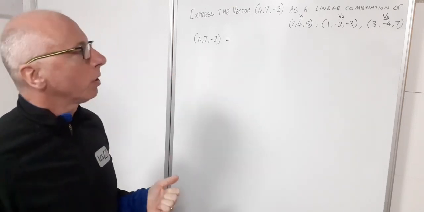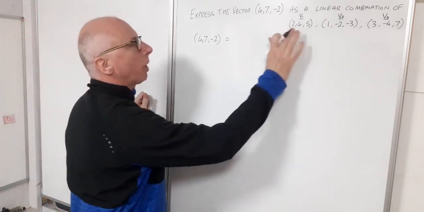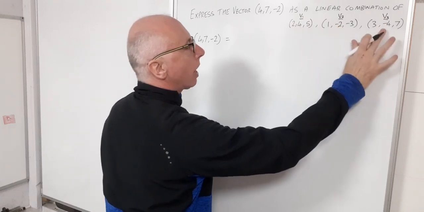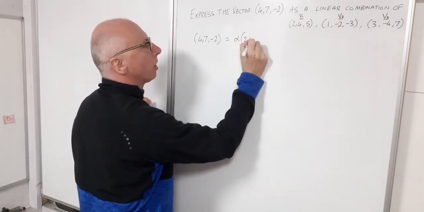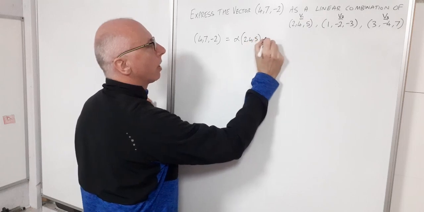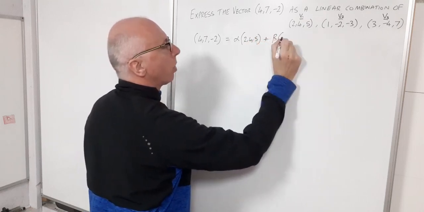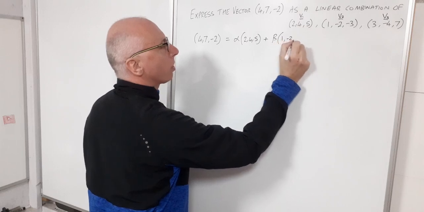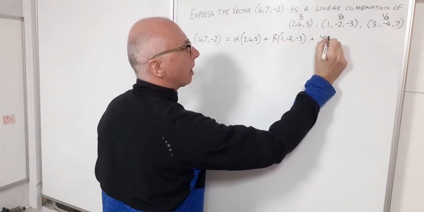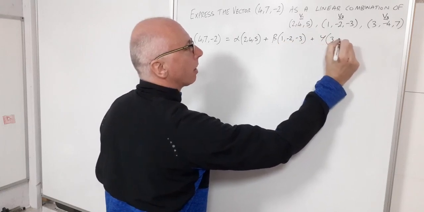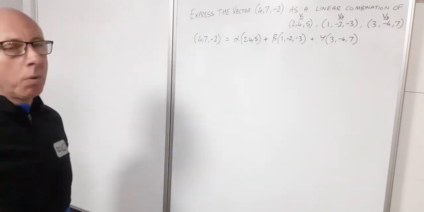Our scalar multiples, and that's legitimate, we can multiply them by alpha, beta and gamma. So we've got alpha times 2, 4, 5, plus beta times 1, minus 2, minus 3, and then plus gamma times 3, minus 4 and 7. That's what we want to do first.